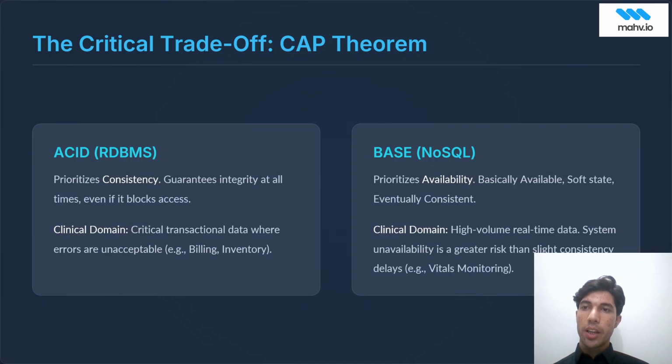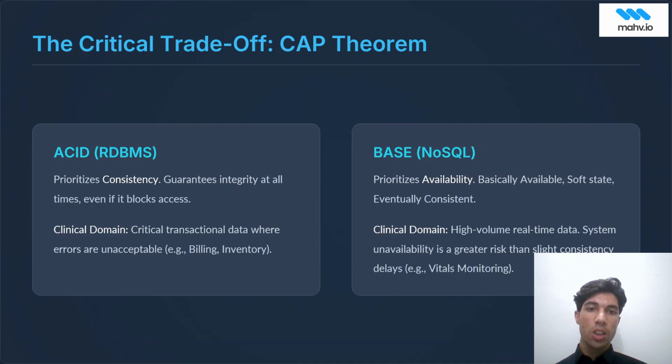Okay, so then we have the critical trade-off between consistency and availability of data. So which one do we use? In relational databases, consistency is prioritized, and it guarantees data integrity at all times, even if access is blocked, and it is mainly used in transactional data where errors are unacceptable, like billing and inventory, etc., and availability is not much of a problem.